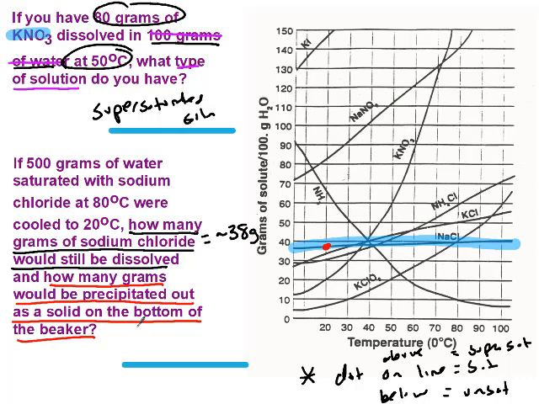To find out how much will precipitate, we need to say, well, at 80 degrees, it could hold 40. So 40 grams minus what it can still hold is 2 grams, or around 2 grams.